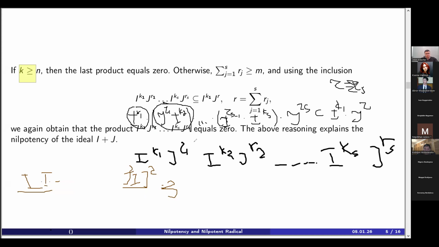There are k1, l1, k2, l2, and so on. If the sum of k1, k2, and so on, ks is more than n, then we will use that I is an ideal. If the sum of k1, k2, and so on, ks is less than n, then we obtain that the sum of r1, r2, and rs is more than m. Then we will use that J is an ideal. That's all.